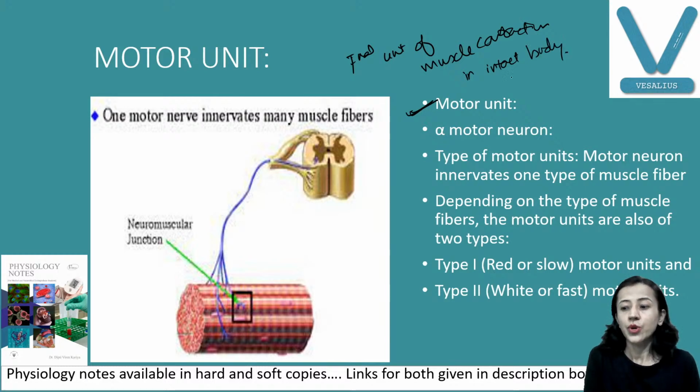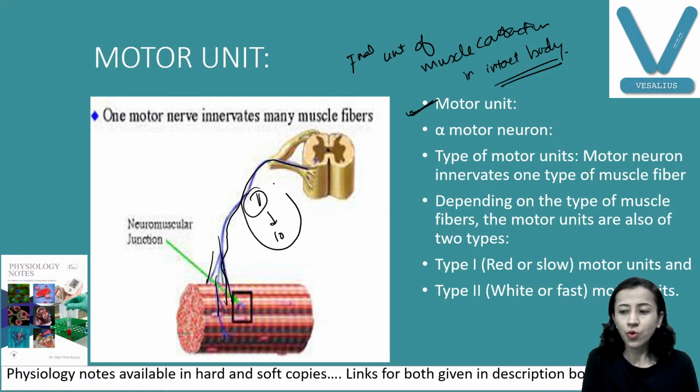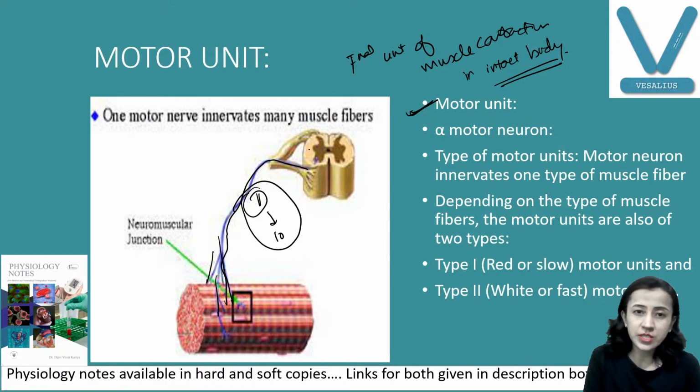It consists of one motor neuron and all the muscle fibers supplied by it. Suppose one motor neuron supplies 10 muscle fibers. This whole forms the motor unit. The motor neuron is located in the anterior horn cells, the ventral horn of the spinal cord.